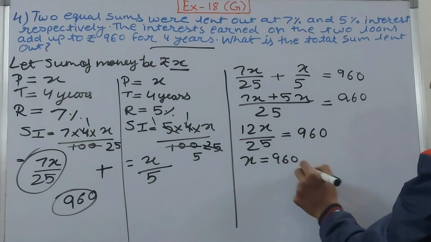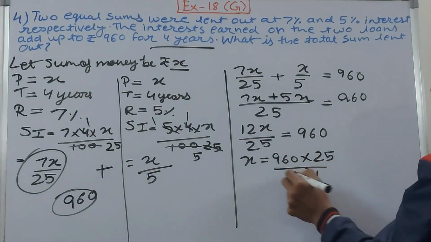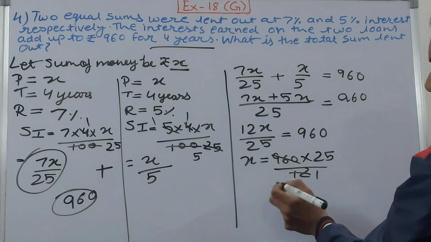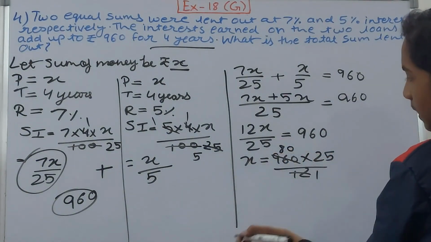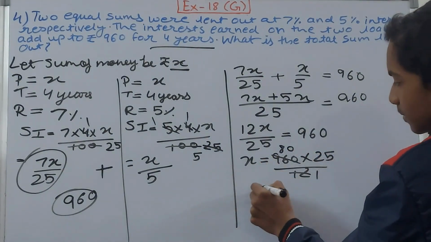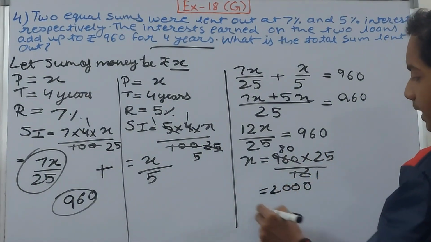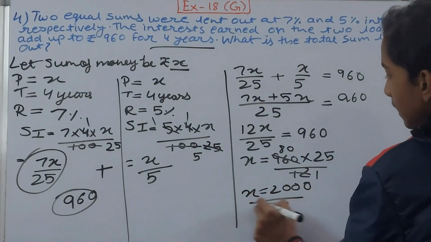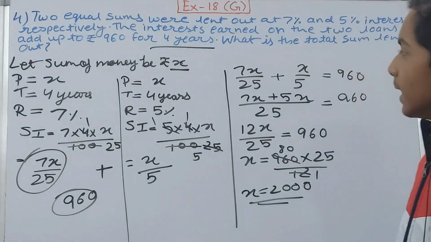This entire fraction will come here, so it will be reciprocated. Cancel this 12, cancel this 96. So 96 by 12 is 8, 8 into 25 is 200, and the 10 that is left is put as well. This is x, that is 2000.